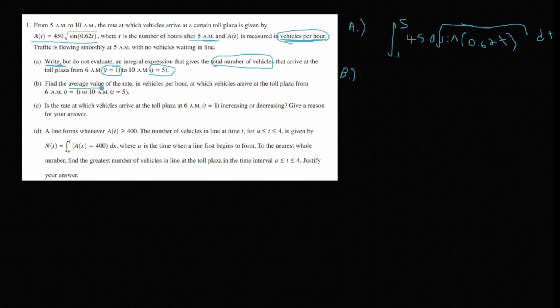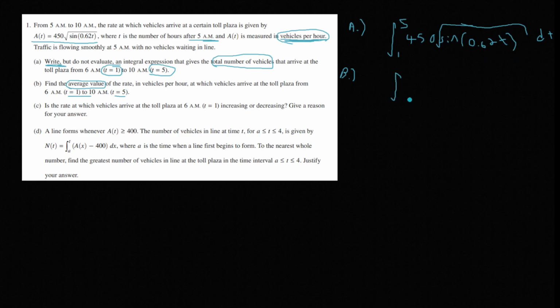Find the average value. I did a video about that. I know how to do average value from t equals 1 to t equals 5. Cool. So we have this integral expression from part A. We can put this integral expression into our calculator.